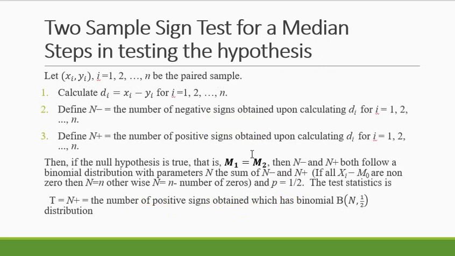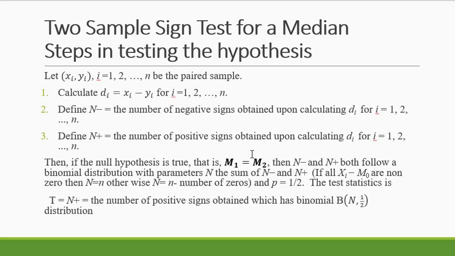So again, the only difference between the one sample and two sample cases is that in the one sample case, we find the difference xi minus M naught. Here, we calculate di, which is xi minus yi.